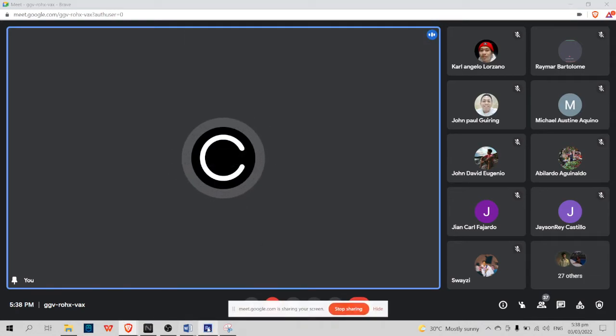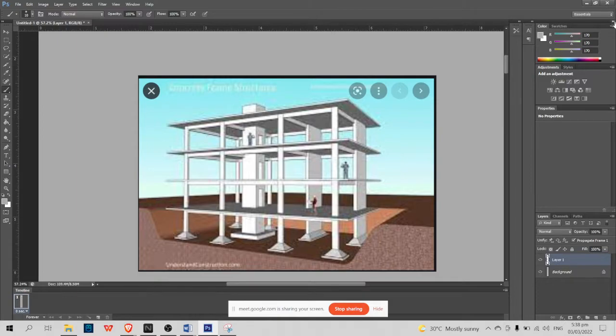Ewan ko, bakit Photoshop yun? Okay, nakikita yung figure, yung Photoshop.